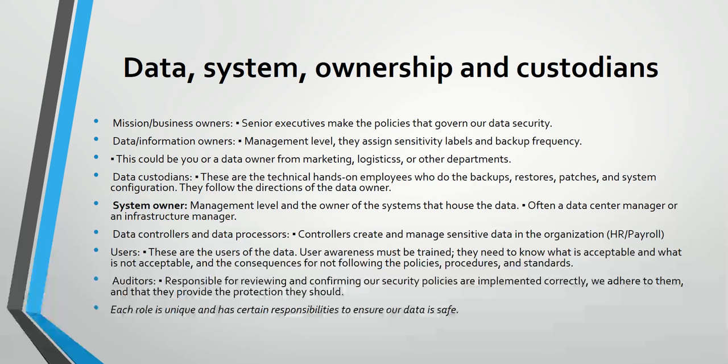They go in and review and confirm that our security policies are implemented correctly, that we adhere to them, and they provide the protection that they should. And most of the time, they don't always come in after the fact. Sometimes they do persistent monitoring.